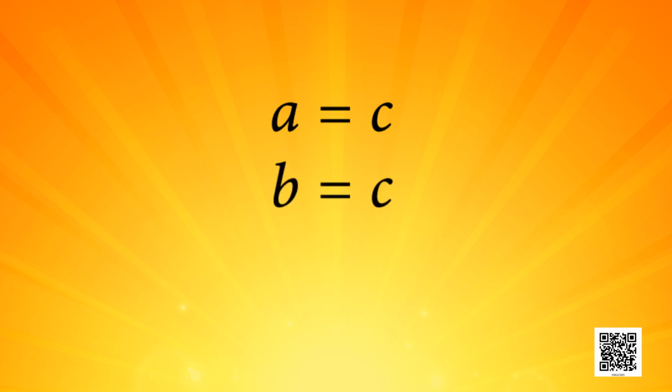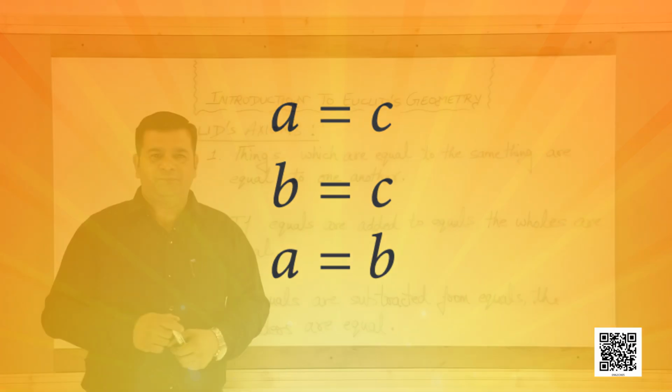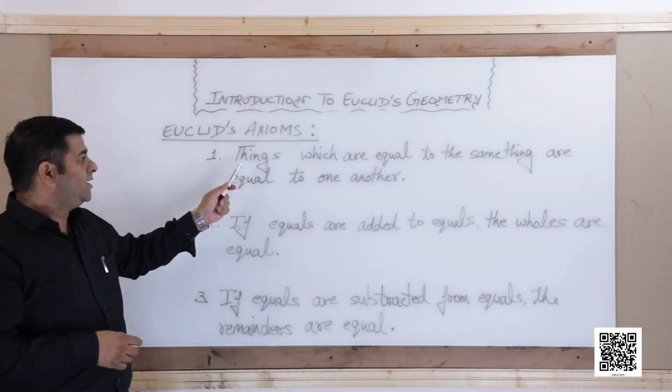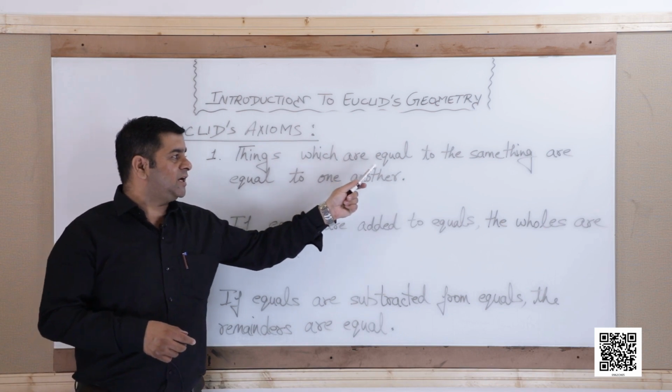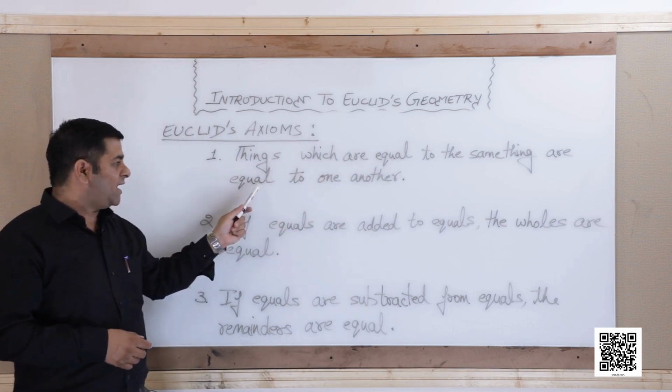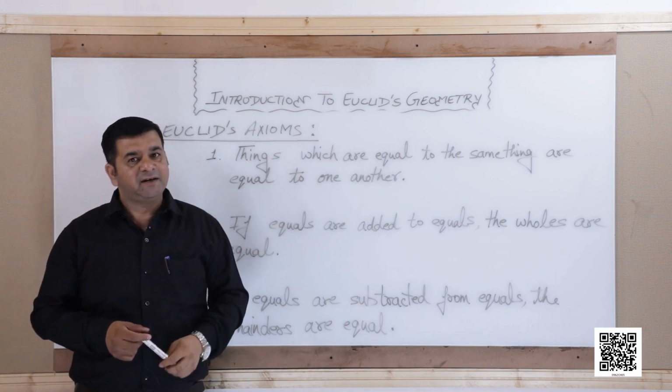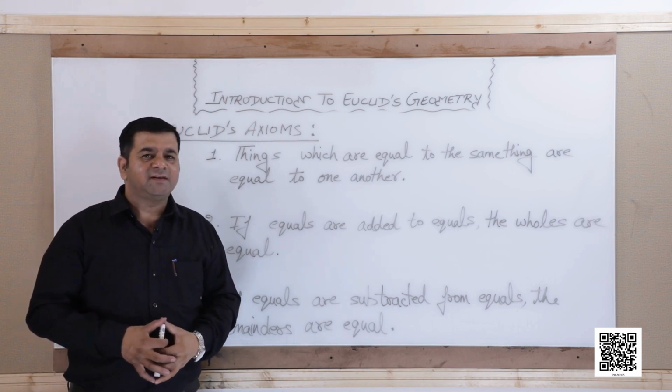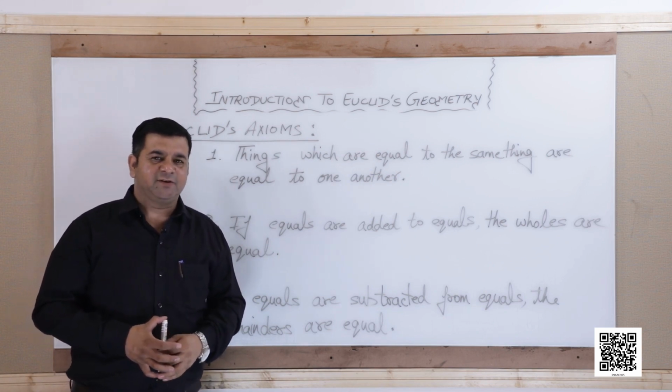For example, if A equals C and B equals C, it means A and B are both equal to C, then A will be equal to B also. So, this is what we call things which are equal to the same thing are equal to one another. This was Euclid's first axiom.